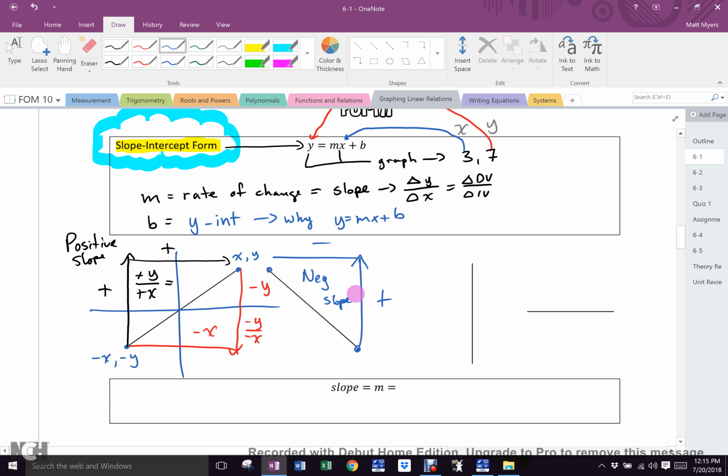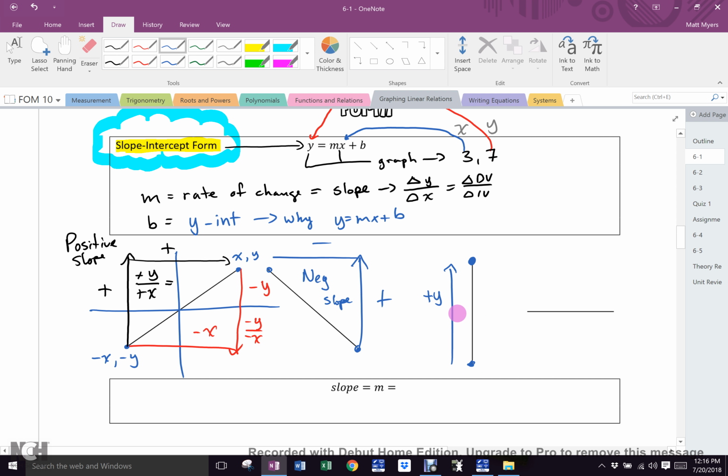Now, these two cause people trouble because you people mix them up. If I go up there, is that a positive y? Excellent. How far did I go sideways?